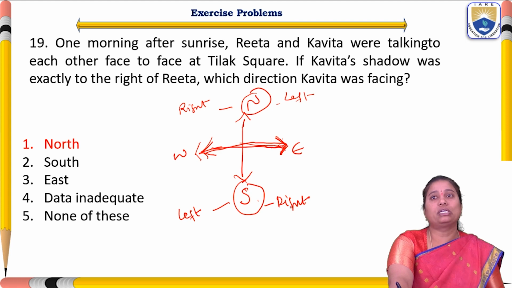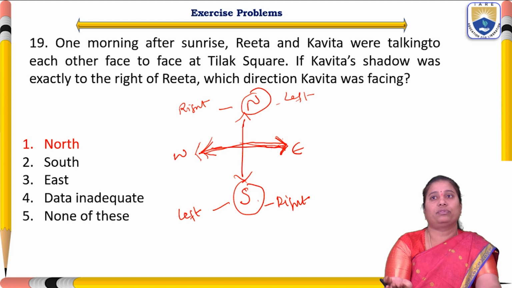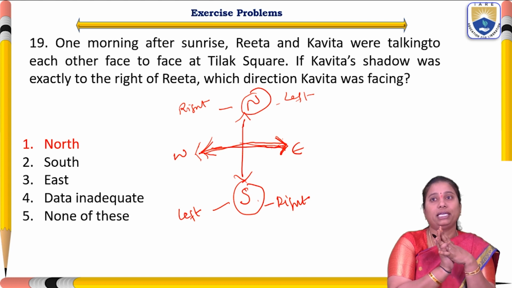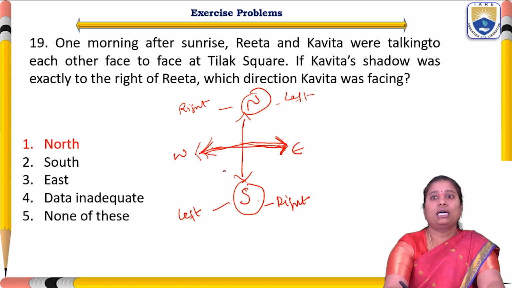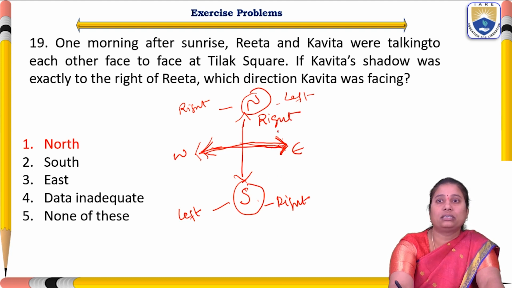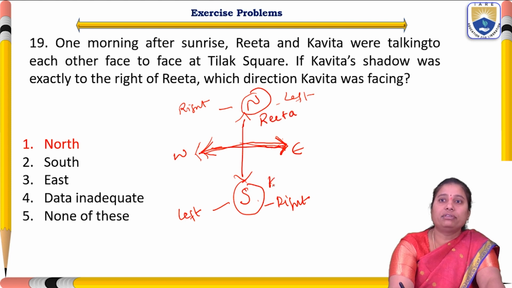One morning after the sunrise, Rita and Kavita were talking to each other face to face in the Tilak Square. Kavita's shadow is exactly to the right of Rita means Rita is here and Kavita is in this one.